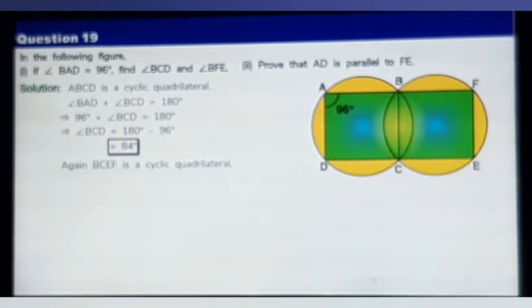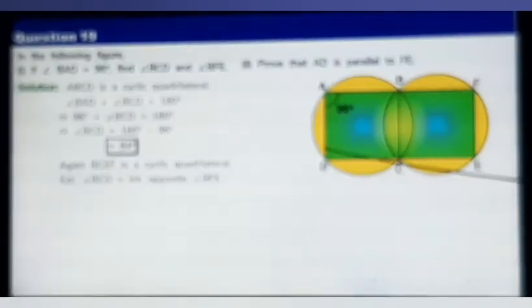One of the theorems of cyclic quadrilaterals says that the exterior angle of a cyclic quadrilateral is equal to the interior opposite angle. So exterior angle BCD, this is the extended line, will be equal to the opposite interior angle.